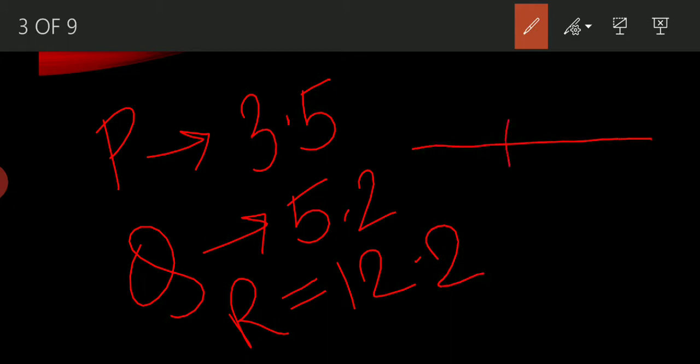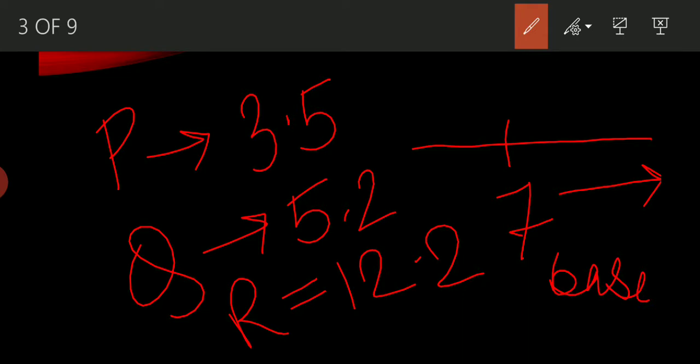Now, again 7, and if we move from 7 towards the right, then it's a base. Clear? That means here only one solution has a pH of 12.2, which is a base, and that also a strong alkali. The question is, which one is a strong alkali?